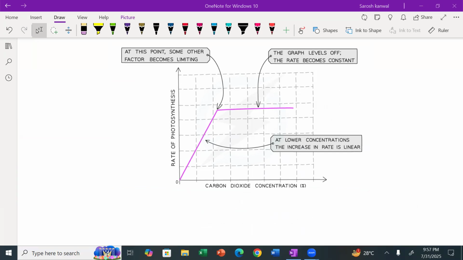As the carbon dioxide concentration increases, the rate of photosynthesis also increases, right?